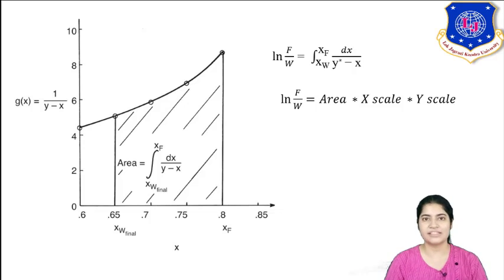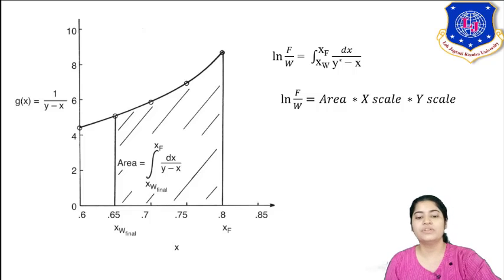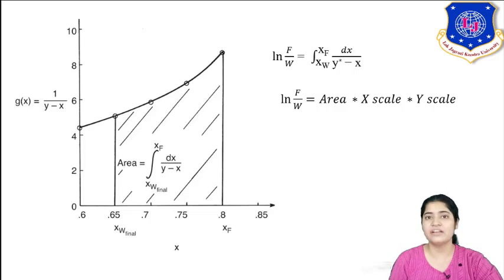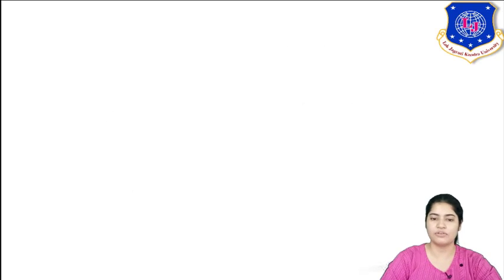X and y scale, graphically you can take it, and from that you can get the area. So what is the purpose of getting the area? Now you will cover that area, and on covering that area you can get the value of your final XW. On solving the sum this will be more clear, but you have to remember the formula.